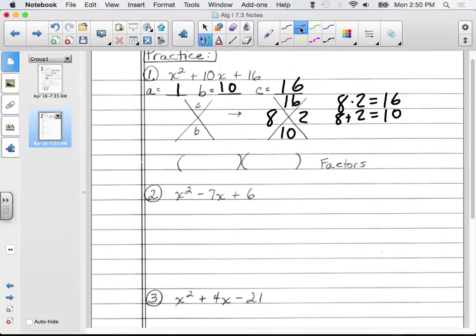So just like it said on the front side of our notes, our two binomial factors are going to start with the square root of our leading term of the trinomial. So what's the square root of x squared?